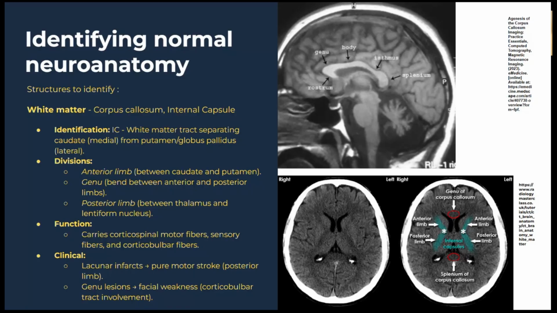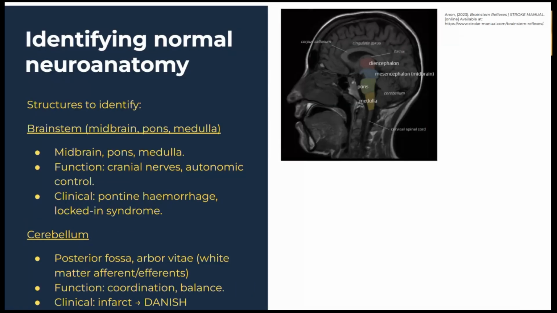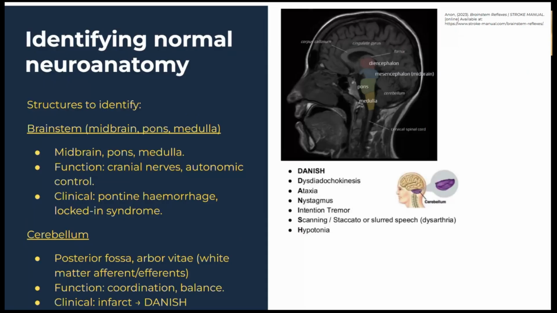Yeah, we can move on. So just the different presentations there. If you had a pontine hemorrhage, it can lead to things like locked-in syndrome, where the patient can only communicate by eye movements. And then you've got the cerebellum, the different parts of that, and it's in the posterior fossa.